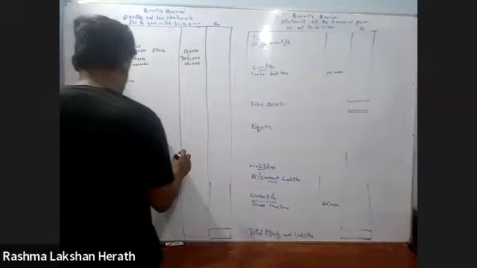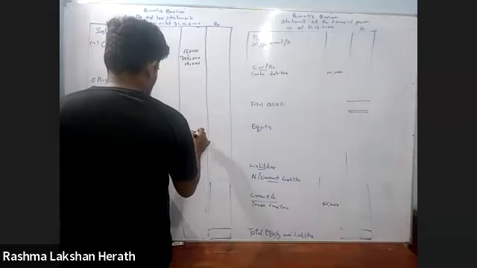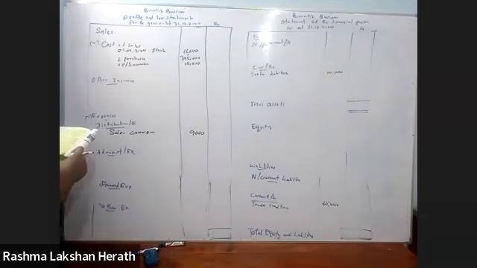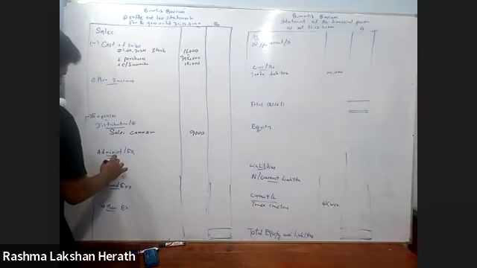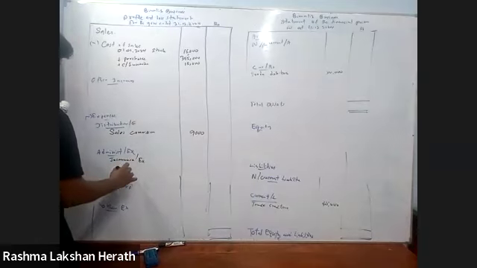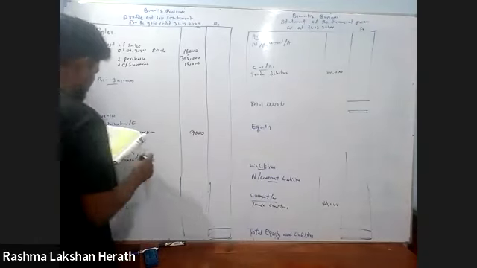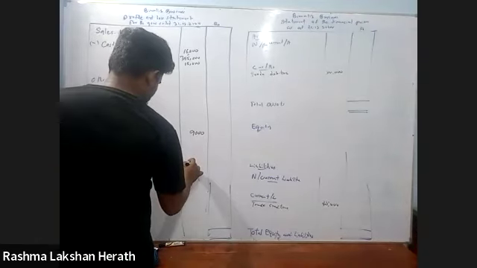It is 9,000. And the insurance expense goes to the administration expenses. It is 12,000.